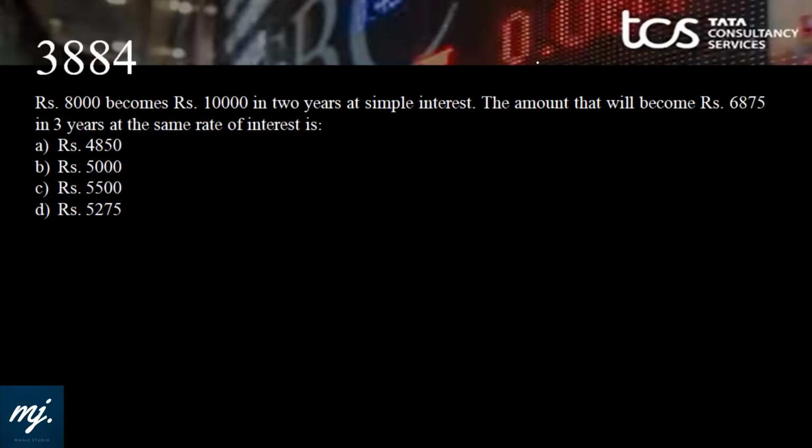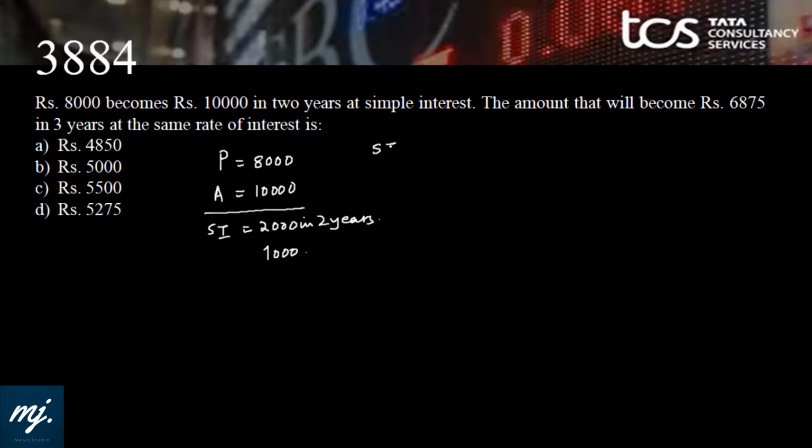Okay, so we have a question on simple interest to start with. Rupees 8,000 become 10,000 in 2 years at simple interest. That means if the principal is 8,000, the amount becomes 10,000. So the simple interest collected is 10,000 minus 8,000, that is 2,000 in 2 years. That means the simple interest collected in 1 year is 1,000.